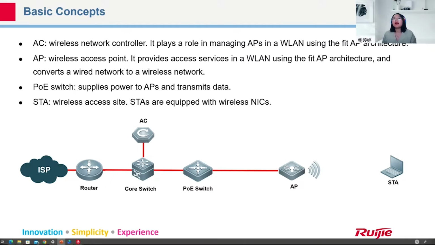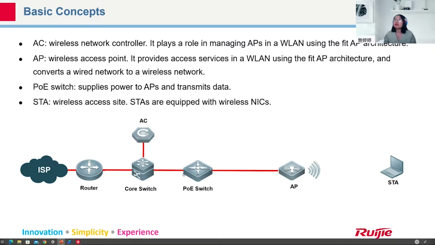And another thing is if your AP is a fit AP, we have to connect it with an AC together. AC is a wireless network controller. It plays a role in managing APs in the WLAN network using the fit AP architecture. So if you use a fit AP, you have to connect it with the AC.